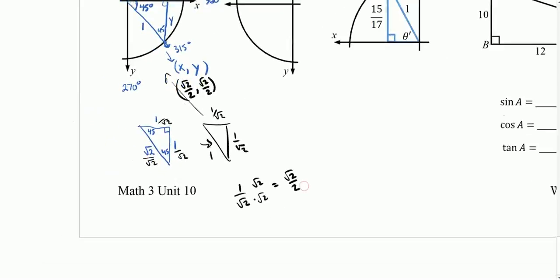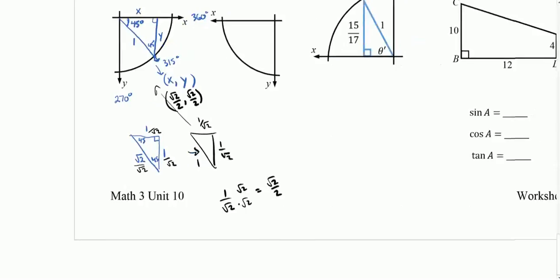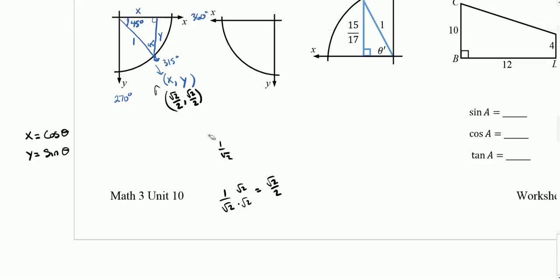So another way we can think about this, on the unit circle, remember we said x is the cosine of theta and y is the sine of theta. And if we just use our 45, 45, 90 right triangle that we tend to use, which I'm going to redraw here.